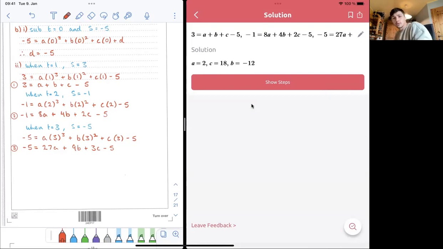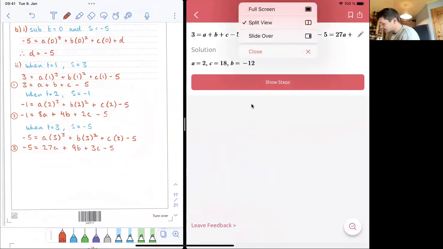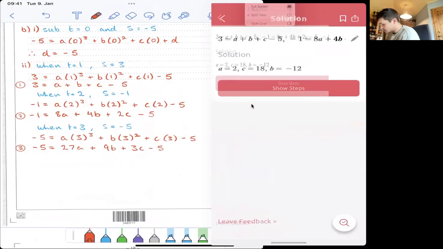Once again, if you are unsure of how to input that into your own specific calculator, then just give it a look, and your calculator should be able to do it, if it's a GDC available or allowed for these exams. Okay, so let's put that in. What do we have? A is equal to 2, B is equal to -12, and C is equal to 18. Okay, slide over.